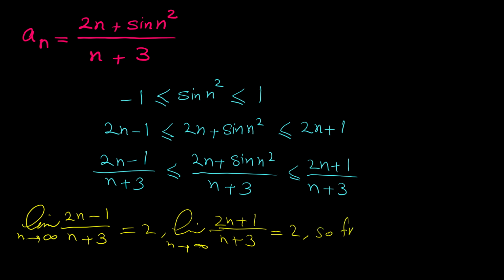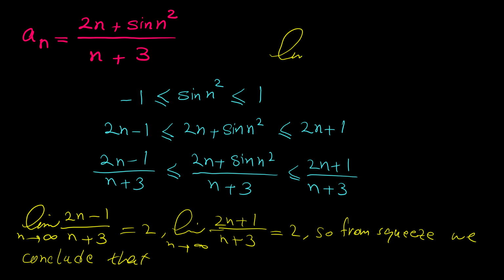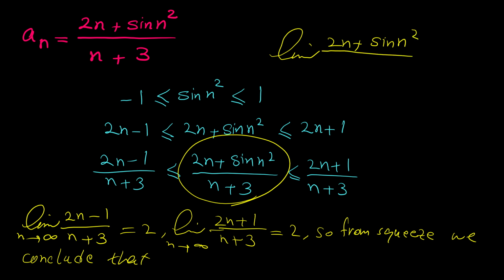So from the squeeze theorem, we conclude that the limit of this expression, 2n plus sine of n to the 2 over n plus 3, when n approaches infinity is also 2. So this sequence converges to 2, not 0.